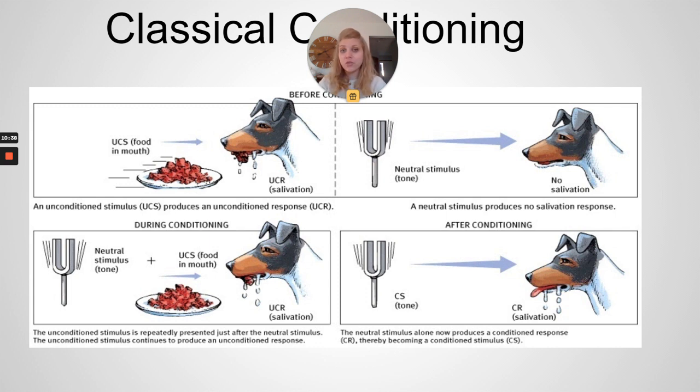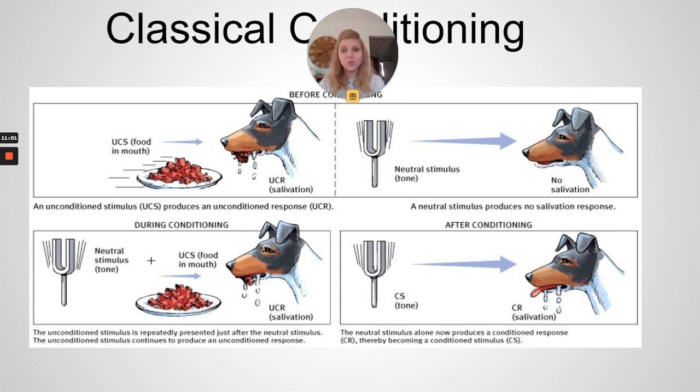Pavlov goes through several different trials of this experiment with all kinds of different neutral stimuli, and he could make the dog salivate using all kinds of things that had nothing to do with food. But to get there, he had to pair the food with these neutral stimuli. And that's the basis of classical conditioning.